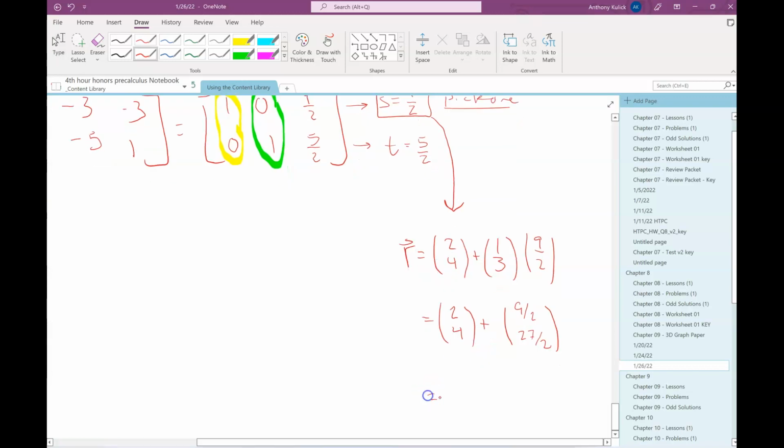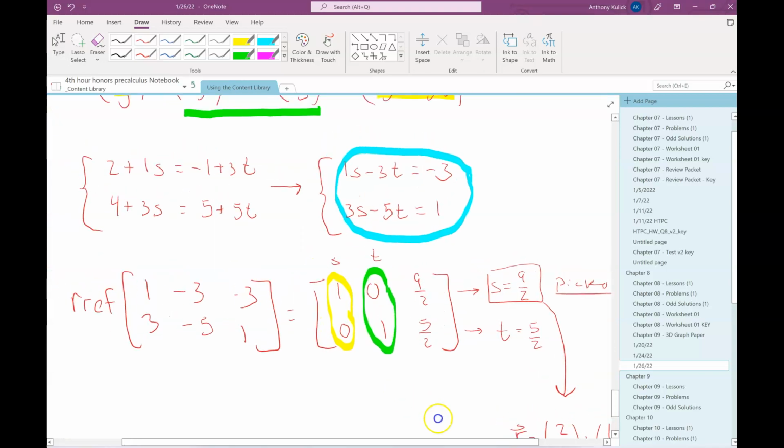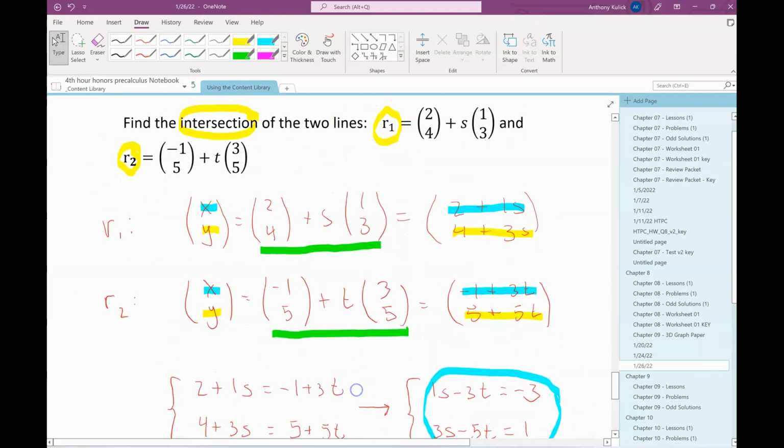And if I add the vector 2, 4 with the vector 9 over 2, 27 over 2, and make common denominators, I get the vector 13 over 2, 35 over 2. Did I pick the right one here? Hold on one second.